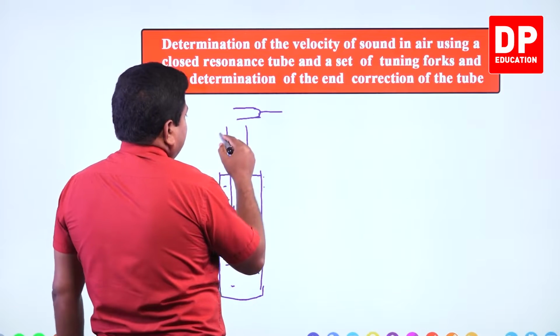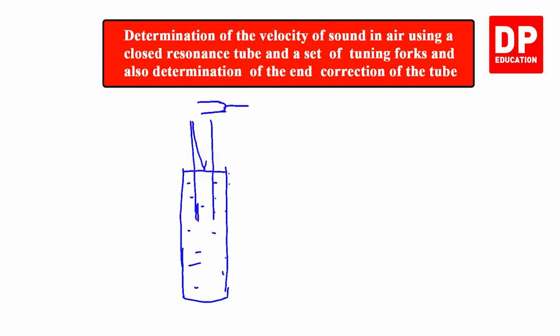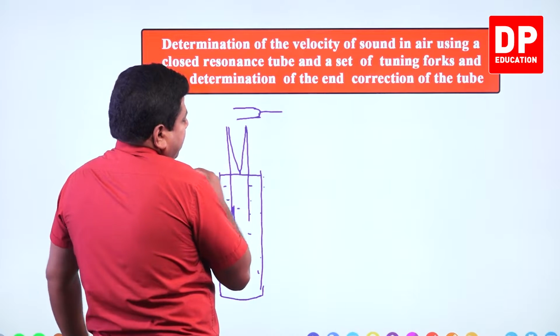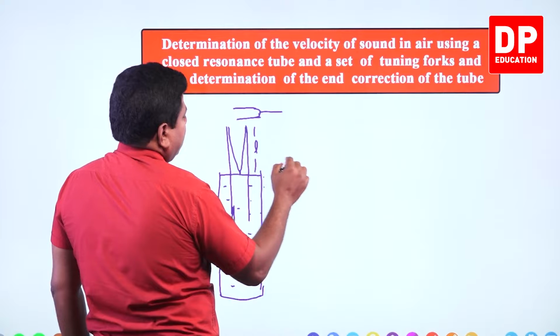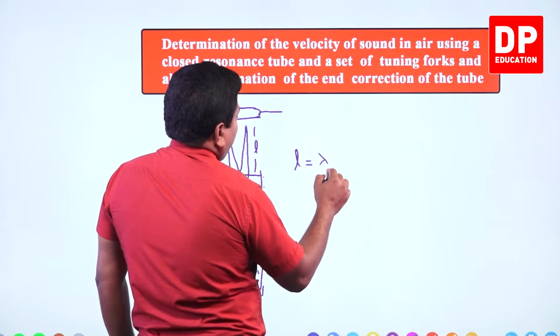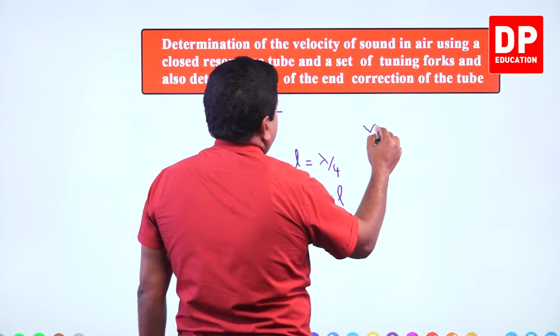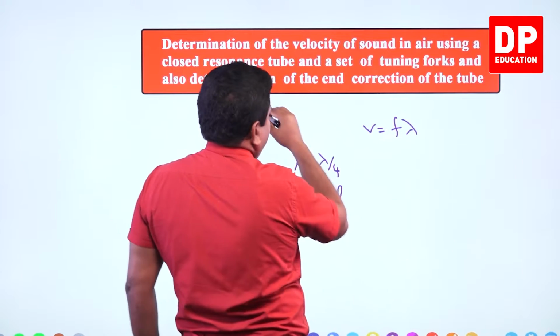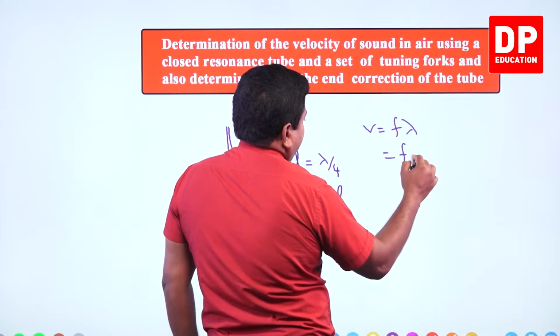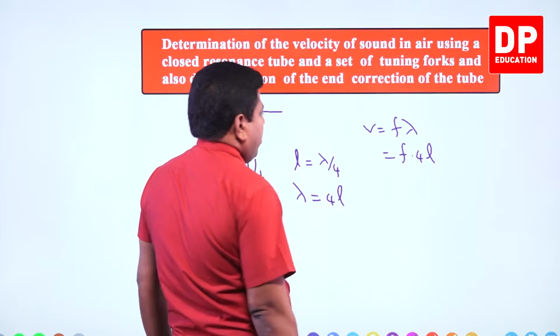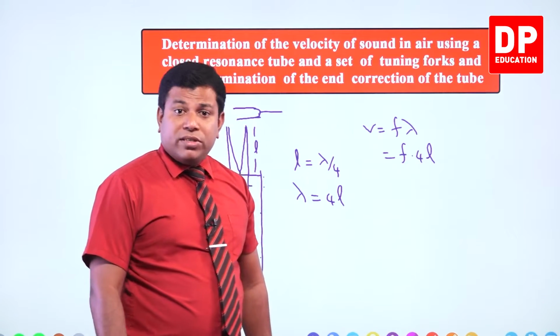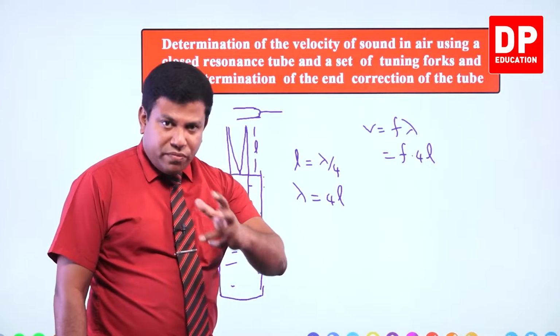what you see there is the fundamental note like this, right. So now we can say this L is going to be lambda by 4. So lambda is 4L. V equals F lambda, F is known, F into 4L. We have a set of tuning forks, which means we have different frequencies.